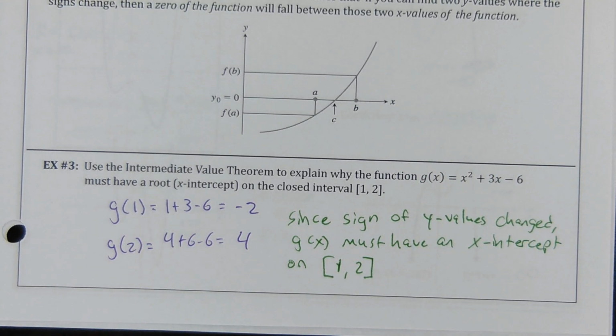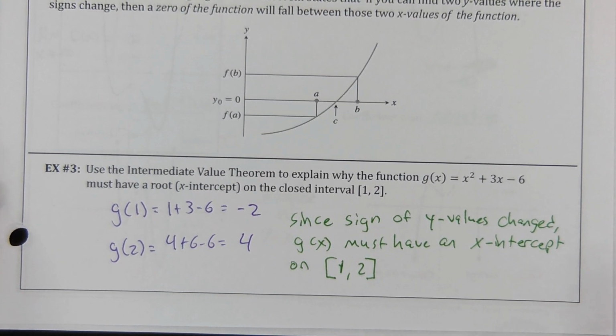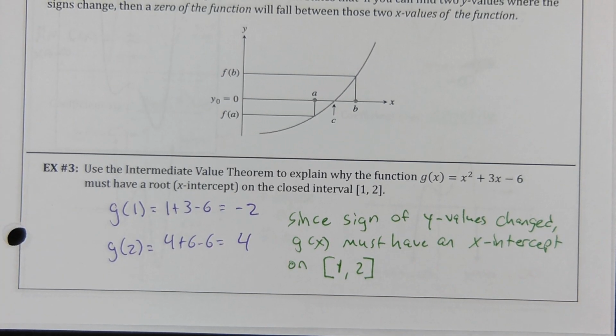So there's an x-intercept somewhere between those 2 x values. It's guaranteed. Sounds fancy, doesn't it? It's pretty easy, though. You can use the intermediate value theorem to prove really neat stuff, like there is a cubic that's exactly 1 less than its cube root and things like that. You use the intermediate value theorem to prove it's true.